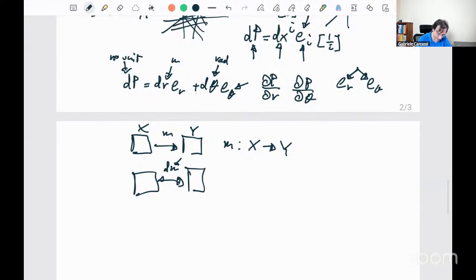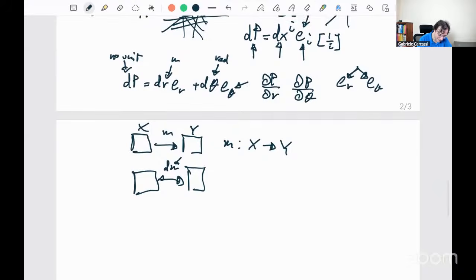And now I'm going to have a small tensor. I should have given it a different name. Let's call this n. Now this is a map from dx to dy, to the space of variation.